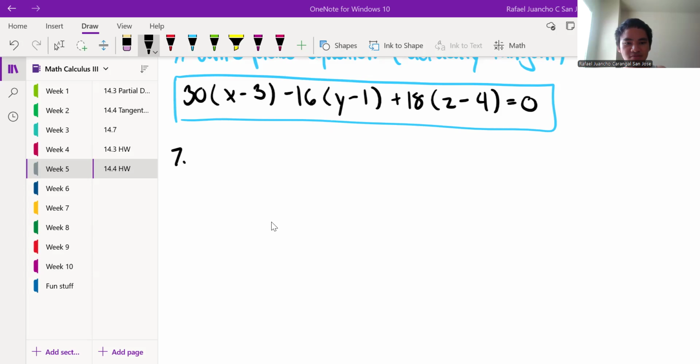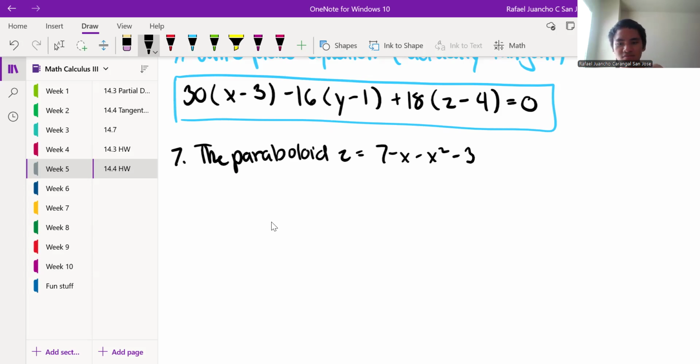So we have a paraboloid. This paraboloid is z equals 7 minus x squared minus 3y squared. And this intersects the plane. So this paraboloid intersects the plane at x equals 3.